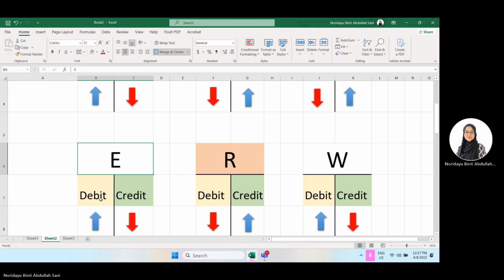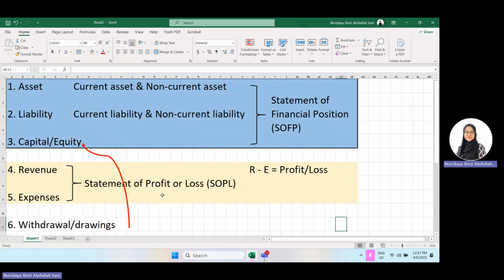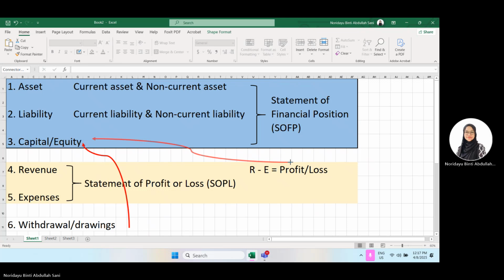Why? Because when we prepare this SOPL, we want to see whether the business is making profit or loss. And then who will enjoy this profit or loss? For your information, we are going to send this profit or loss to our capital. Why?